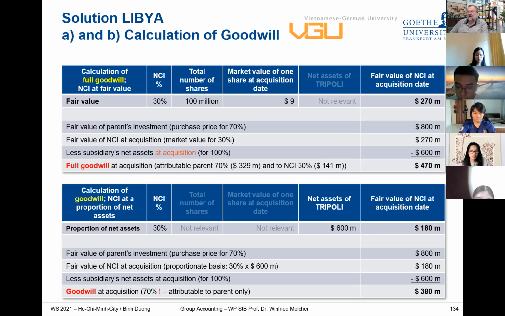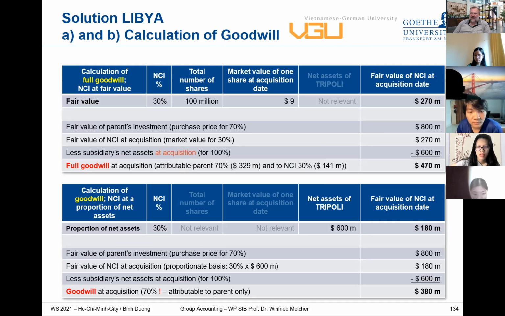So they have 70 times 9, which is 630. So the market value based on the share price for the main shareholder, for Libya, would have been 630. But obviously they paid more. So they paid 800 for that bundle, for that packet. And so they paid 170 million more than their normal fair market price.